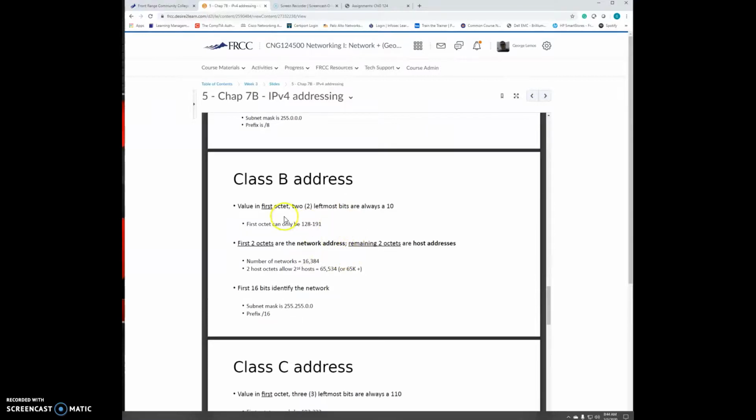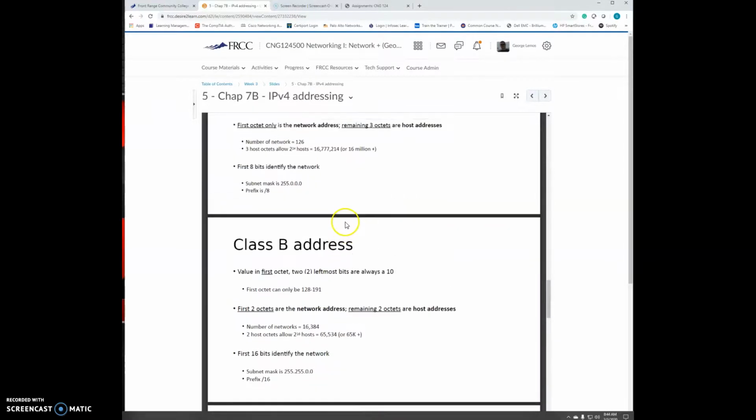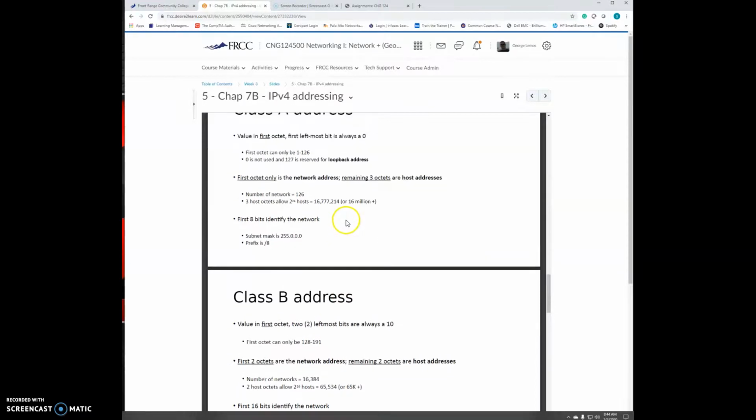Class B, first 2 octets are used. First 2 leftmost bits are used also. If we look at the difference here, the first octet in Class A can only be 1 to 126. Basically, as we started counting in binary, the furthest we can go in marking all those bits as a 1 is up to 126.